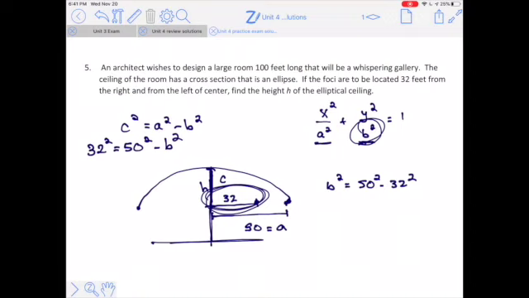So what is that? 50 squared minus 32 squared is 1,476. You square root that, you get 38.42 feet.